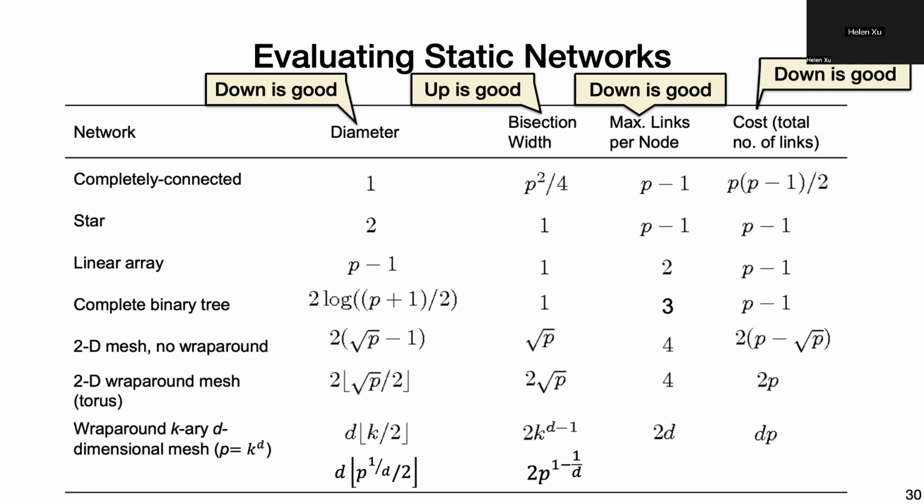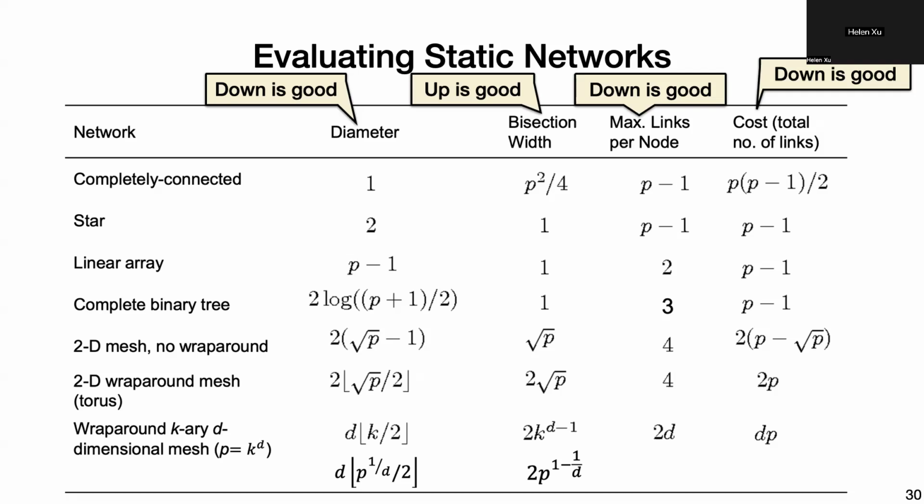We can see that the diameter, which we want to go down, is decreasing polynomially with the dimension. It increases linearly here, but this is dropping faster than this increases. So it seems that we should try to increase the dimension as much as possible.